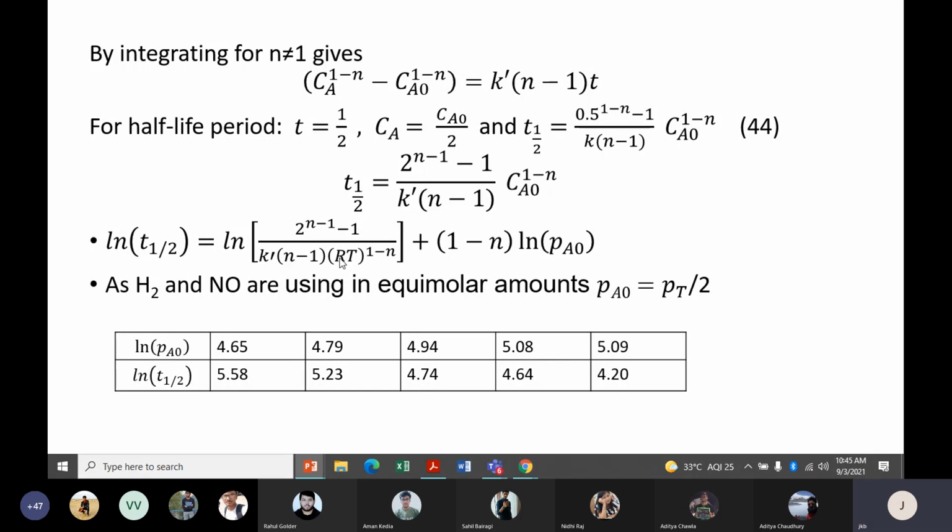RT is there. Then fit with this data ln PA0 versus T to the power half. That is y-axis keeping ln T half and x-axis ln PA0. From the slope you will get 1 minus n, where you will get the order n.